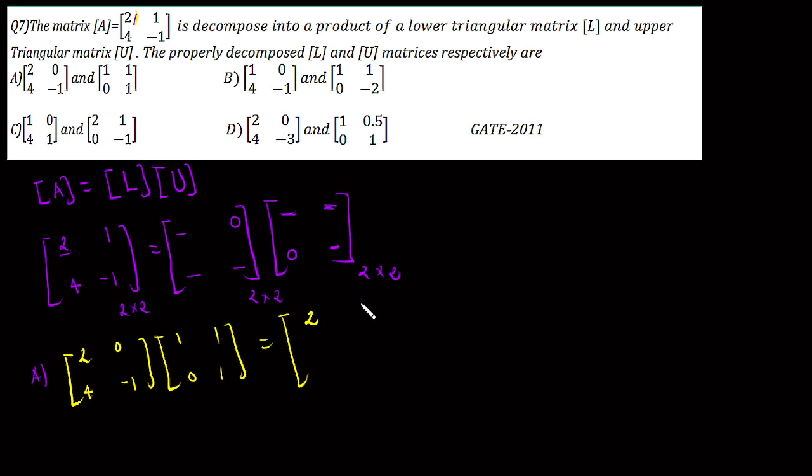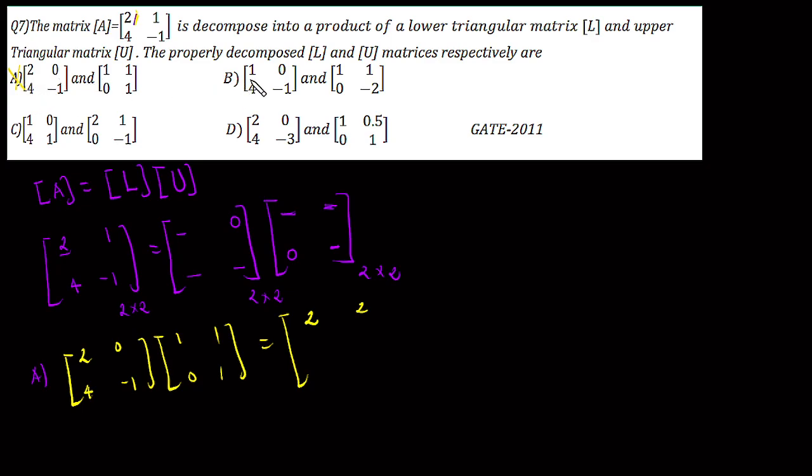Again here we are getting 2, because this 2 will multiply with this one and 0 with 1. So again 2. Now look at the matrix in the question A. It has value of 1, but here we are getting 2. So automatically option A is not the correct set of upper triangular and lower triangular matrix which are decomposed in the proper manner. So option A is the wrong one.